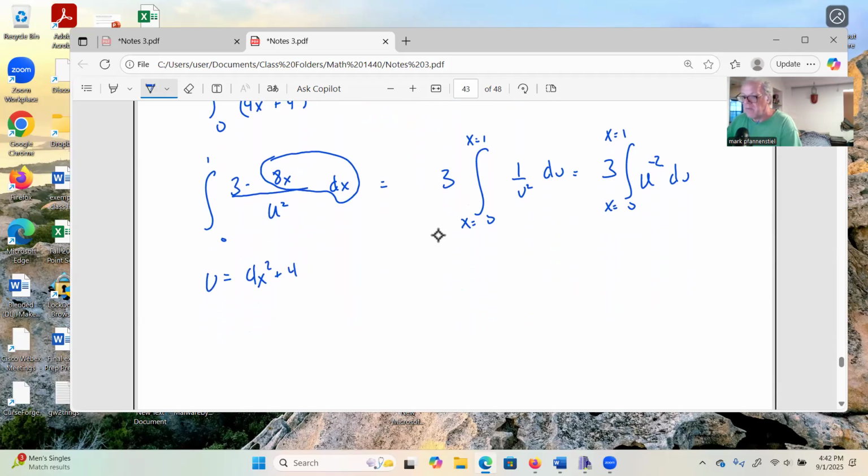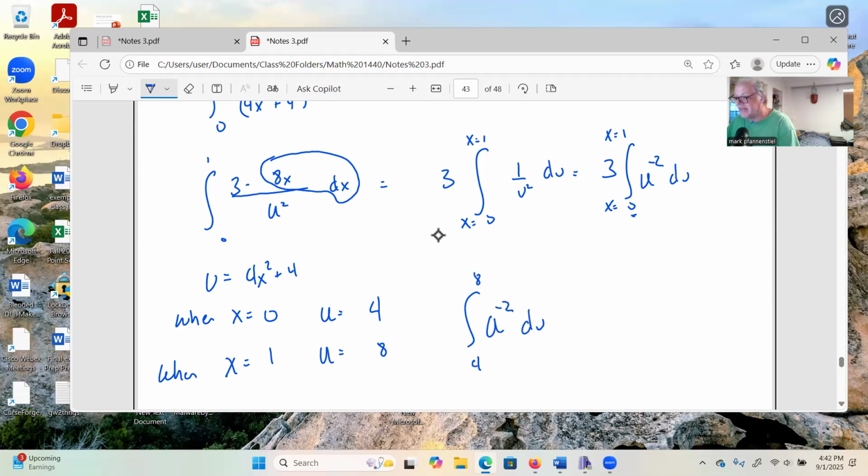I'm going to say when x equals 0, because that's my first limit, u is equal to 4 times 0 squared, which is 0, plus 4, u is equal to 4. When x is equal to 1, u is equal to 4 times 1 squared, which is 4, 4 plus 4 is 8. So we're going to say this is an integral from 4 to 8 of u to the negative 2 du.